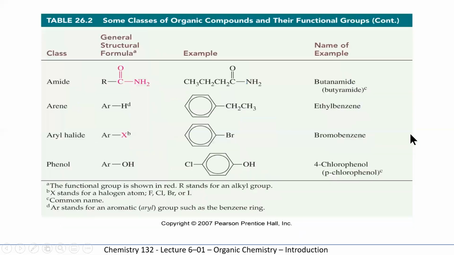So a few more examples here. If we take ammonia and react with a carboxylic acid, you end up with an amide. One of the primary chemicals used to discourage mosquitoes is in fact an amide.